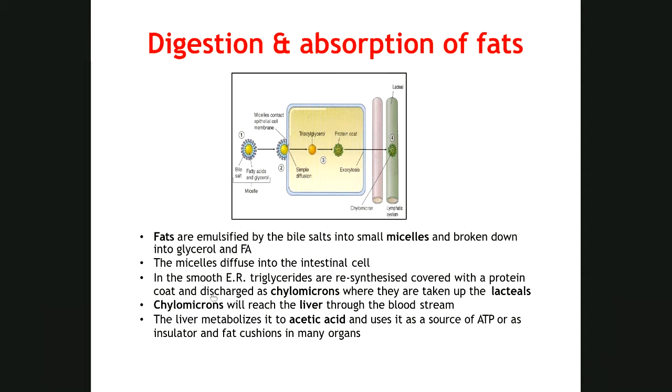Then these will be absorbed and will combine with protein, making chylomicrons that will go through the lymphatics to the liver. And then the liver starts to change them into acetyl-CoA or acetic acid, and then depending on the condition of our body, if we are in hunger and we are running out of energy and we don't have a carbohydrate source in our body, then the liver will use that fat to liberate energy or ATP.